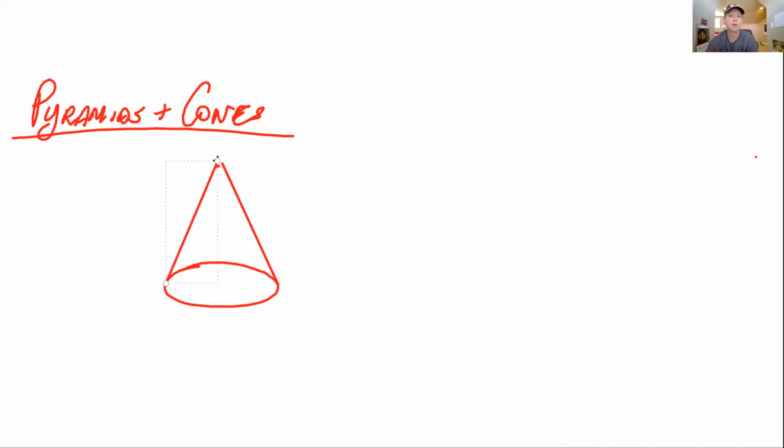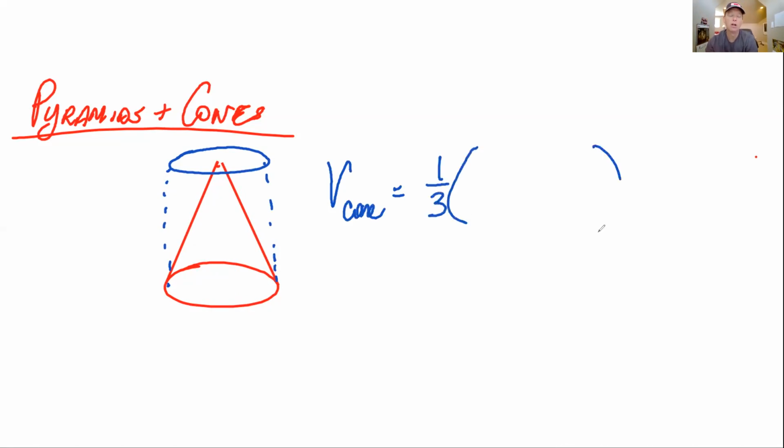And then what I want you to imagine is the idea that a cone is just cut out of a cylinder. And it's actually really simple. The volume of a cone is exactly 1/3 of what the cylinder volume would be.